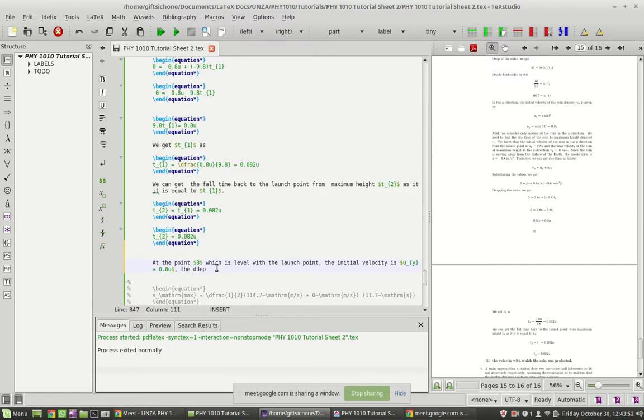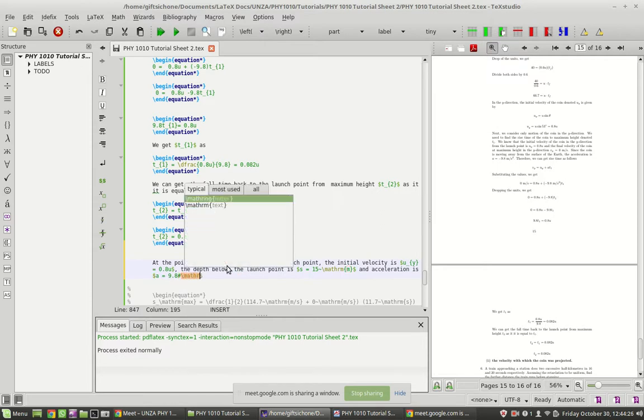The depth below the launch point, S, is 15 meters, and the acceleration a is 9.8 meters per second squared.